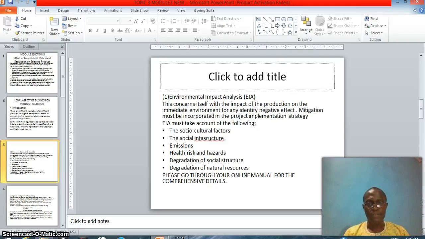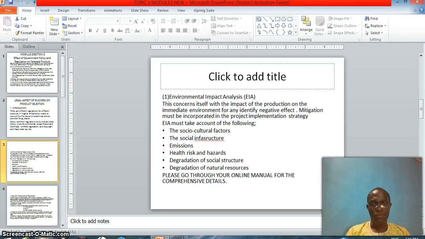Environmental impact analysis. That's the first one. This concerns itself with the impact of the production on the immediate environment. For any identified negative effects, mitigation must be incorporated in the project implementation strategy.